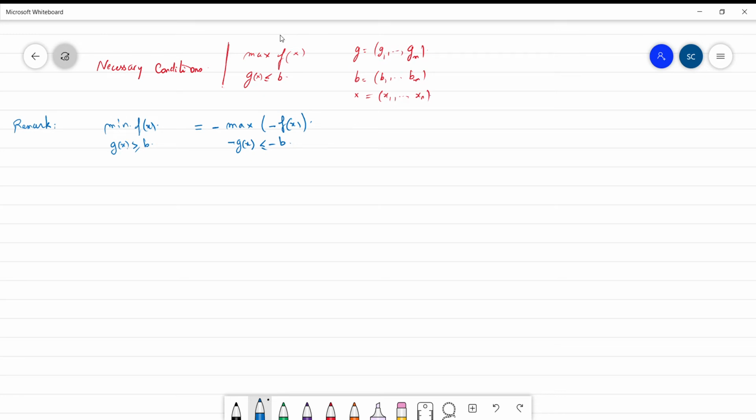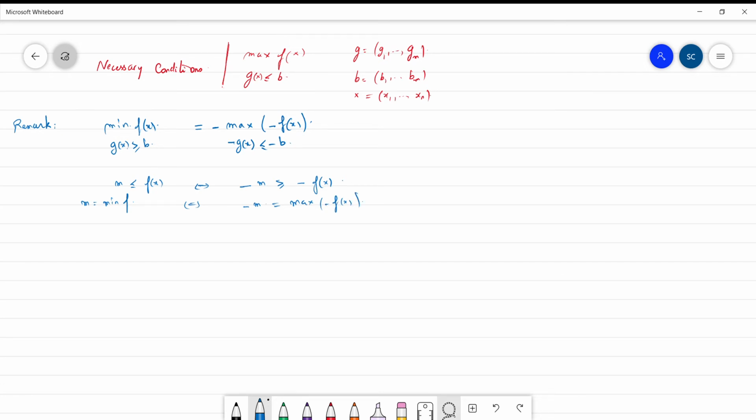And we can always bring ourselves to a maximization problem. Because if you say that m is less than f of x, you found the minimum. It is equivalent to say that minus m is greater than minus f of x. If m is the minimum of f, then minus m is the maximum of minus f.